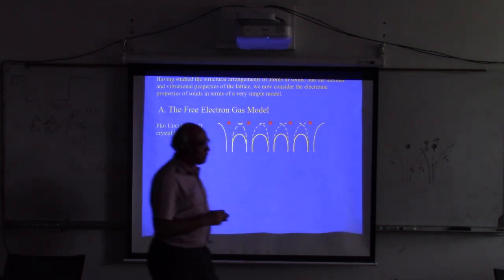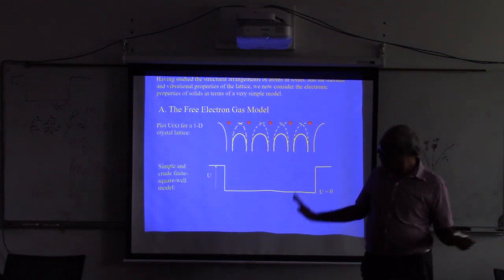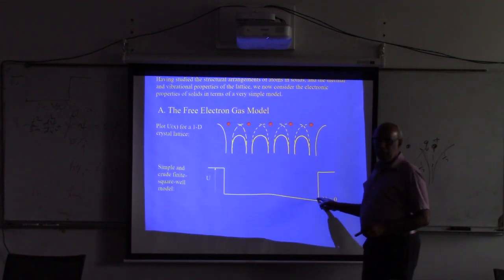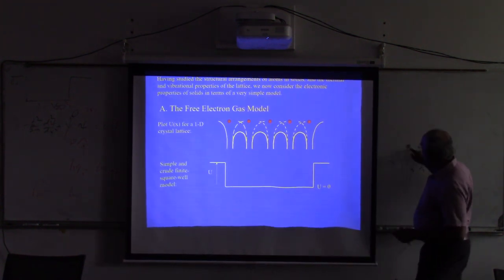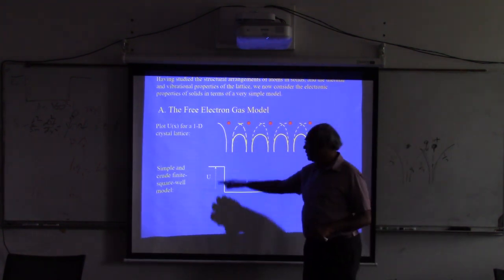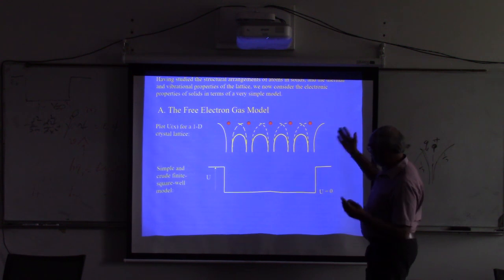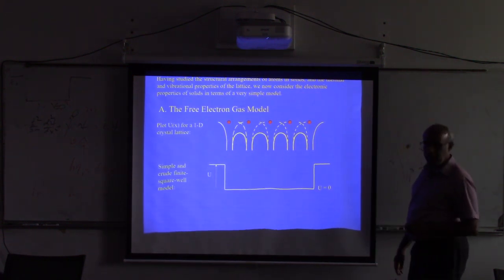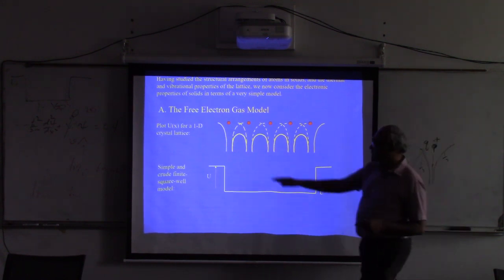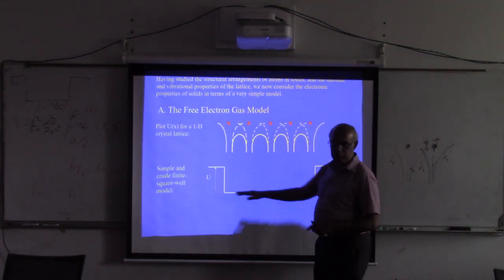So what is our picture? This is the picture. You can see your potential is completely 0. That means no ion-electron interaction. This is some potential with respect to your reference. Is that clear? I take your potential as 0. Outside is not the metal; inside the metal, your potential is completely zero.